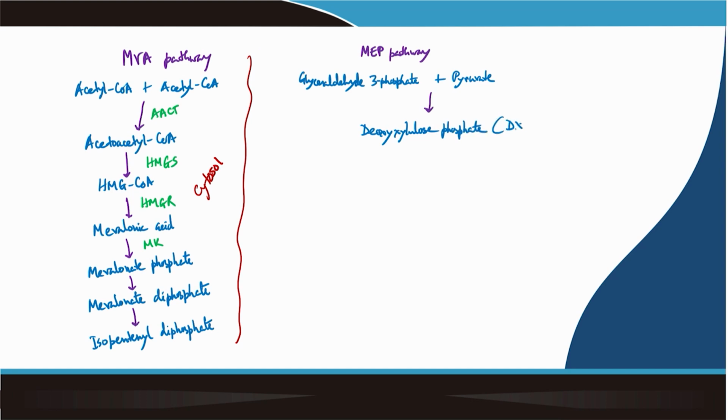Commonly called DXP, and the enzyme is called DXP synthase, and this is converted into MEP, methyl erythritol phosphate.